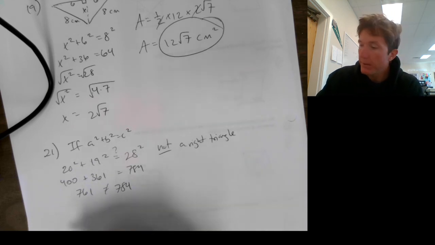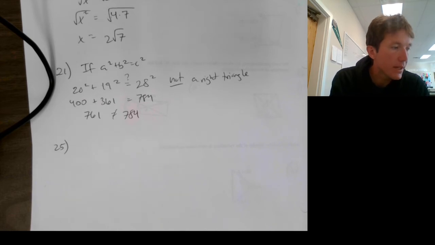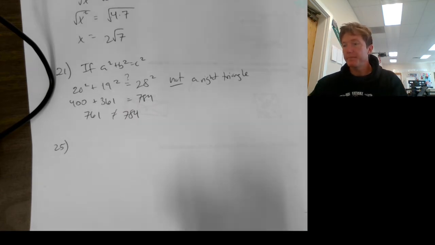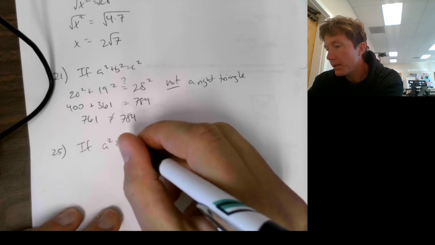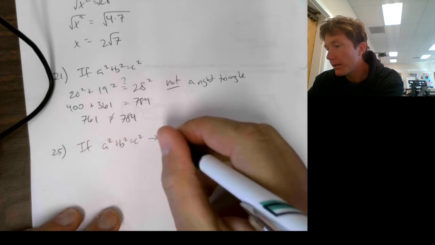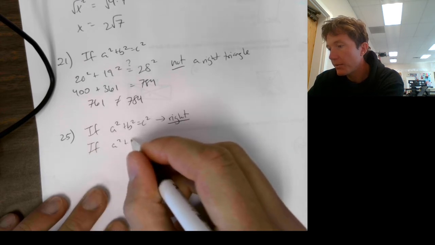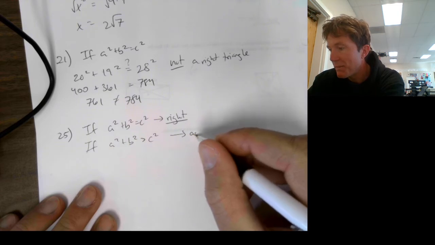Let's go on to 25. It says the lengths of the sides of a triangle are given. Classify each triangle as acute, right, or obtuse. So according to our notes, if a squared plus b squared equals c squared, then it's a right triangle. If a squared plus b squared is greater than c squared, then it's acute.